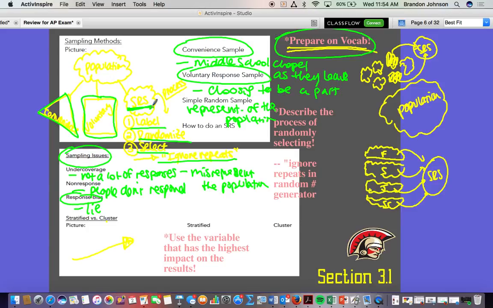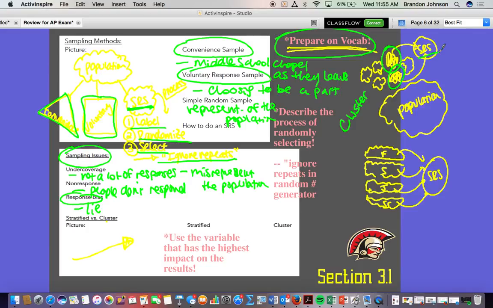All right, real quick, this right here, I feel like I made this picture a little bit better with cluster and stratified. Are we starting to get cluster and stratified a little bit better? Good. So we got our mini clouds right here. Remember, what would this picture represent? Cluster. Cluster, good. Because we take everyone within that cloud and we use that as our SRS, right?